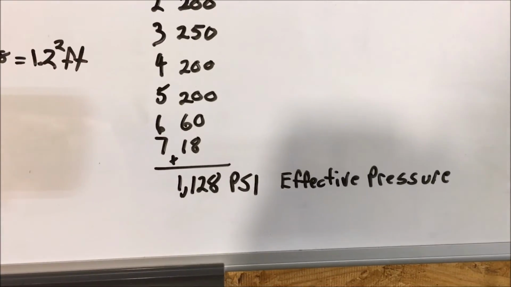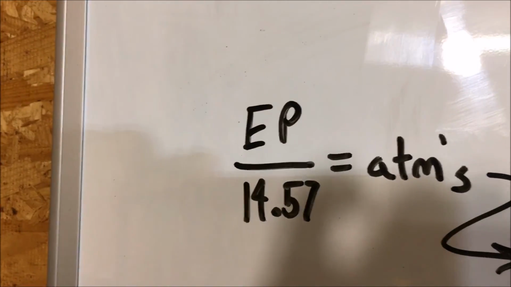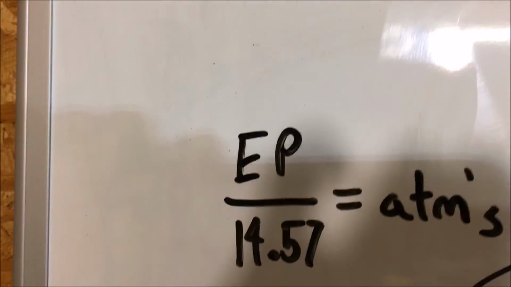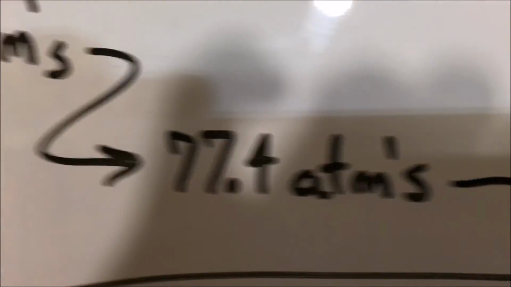Anyway, with this information, we can tell using the effective pressure formula. You divide the effective pressure in psi by the current atmospheric pressure, and it tells you how many atmospheres are in that tank.